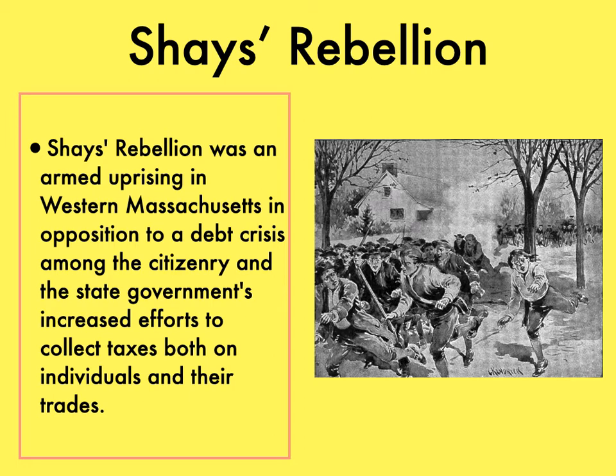The straw that broke the Articles' back was a mass rebellion in Massachusetts called Shays' Rebellion in 1787. Shays' Rebellion was an armed uprising in western Massachusetts in opposition to a debt crisis among the citizens and the state government's increased efforts to collect taxes on the individuals.